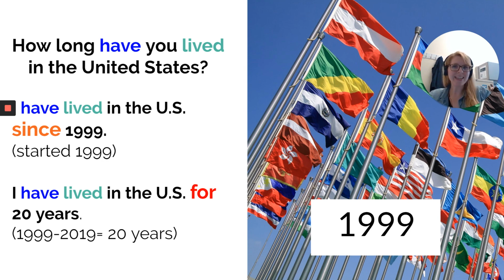We use since when we know the start. So we use since with the names of days, like Saturday, Sunday, Monday, with the names of months, since January, since August, or with the names of years, since 1999, since 2014.